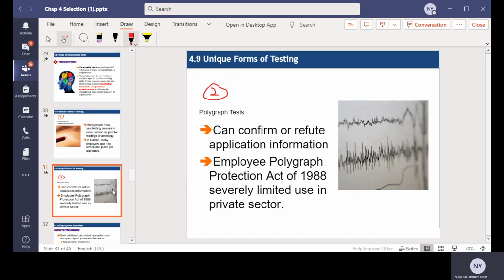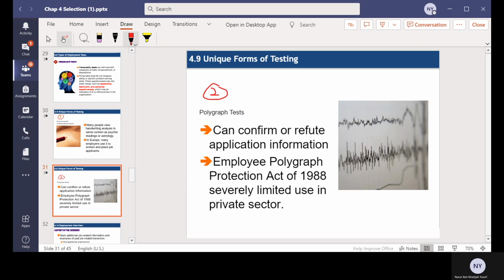They believe that if you are telling a lie, your heartbeat will increase, so the machine will make some sound. So they know, okay, this question you are not answering truthfully. So this is the polygraph test. But again, as I mentioned, that's why we call it a unique form of testing, because it is not implemented by the majority of organizations.